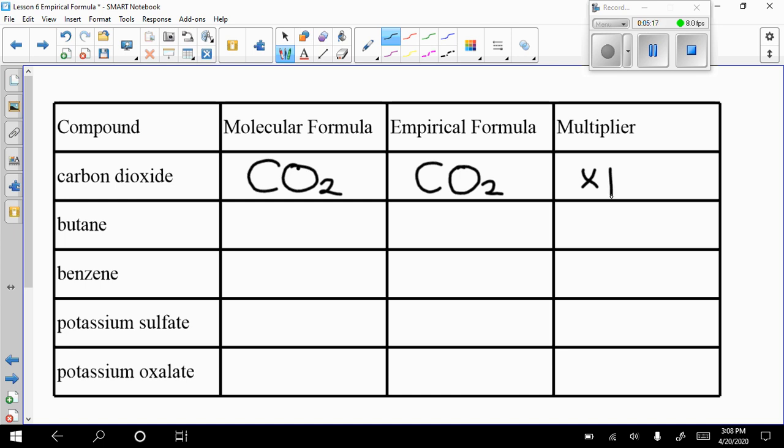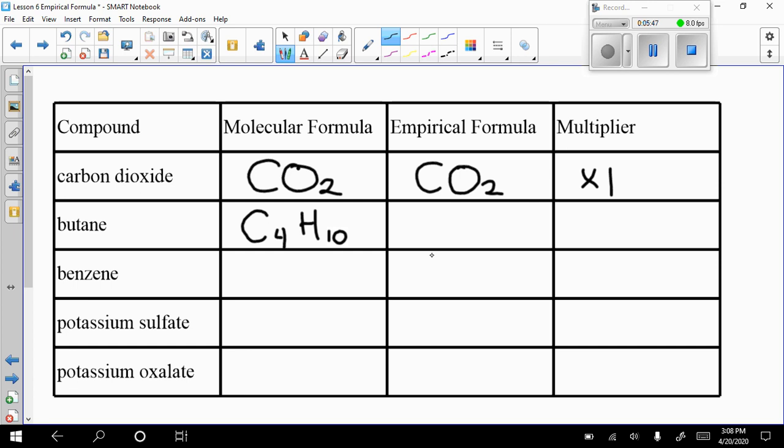Well, let's look at another one that might help, because you're probably still a little bit confused about this. I'm going to give you the molecular formula of butane. This is what you use in lighters. The molecular formula is C4H10. So there are 4 carbons and 10 hydrogens in butane. In this particular case, there is a smaller or simpler formula.